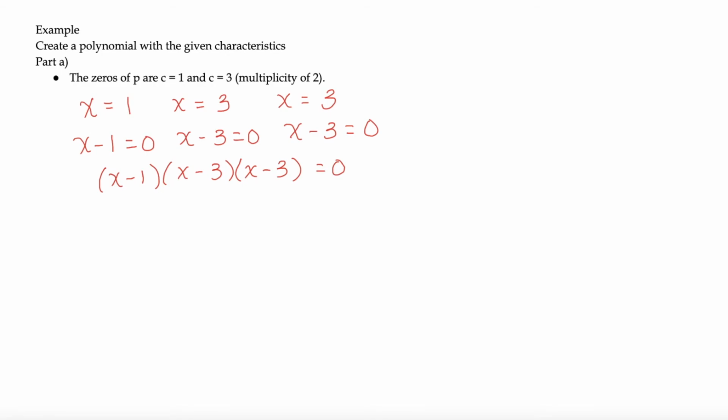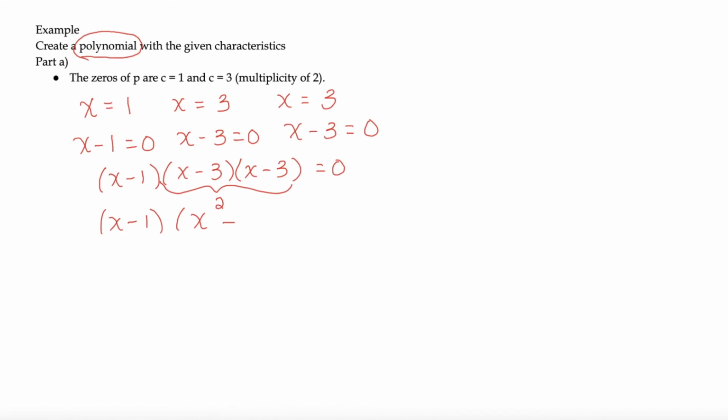And then it's asking us for the polynomial, so we need to actually multiply these out. Well, x minus 3 times x minus 3 is a perfect square here, which is x squared minus 6x plus 9.